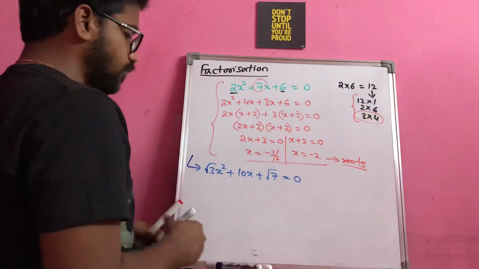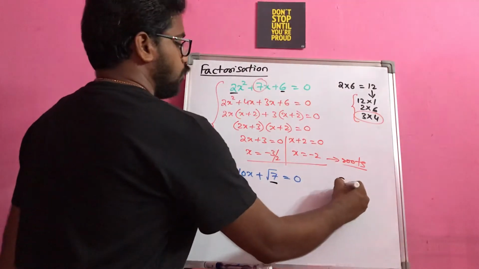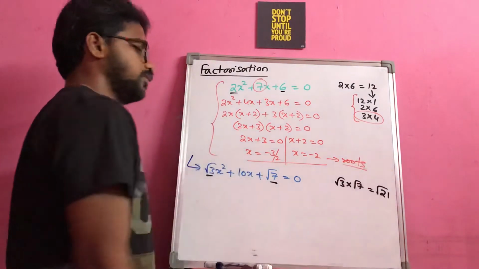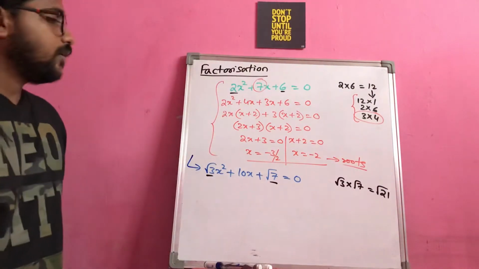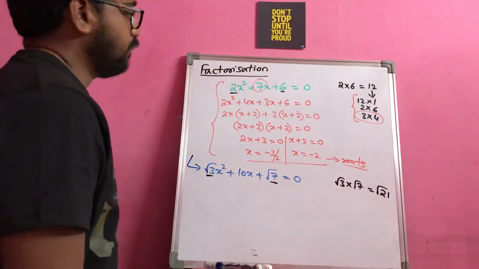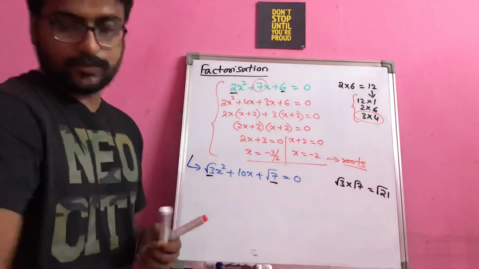Again, according to our procedure, we will multiply root 3 and root 7. Root 3 into root 7 gives root 21. I think we are not getting factors for this.